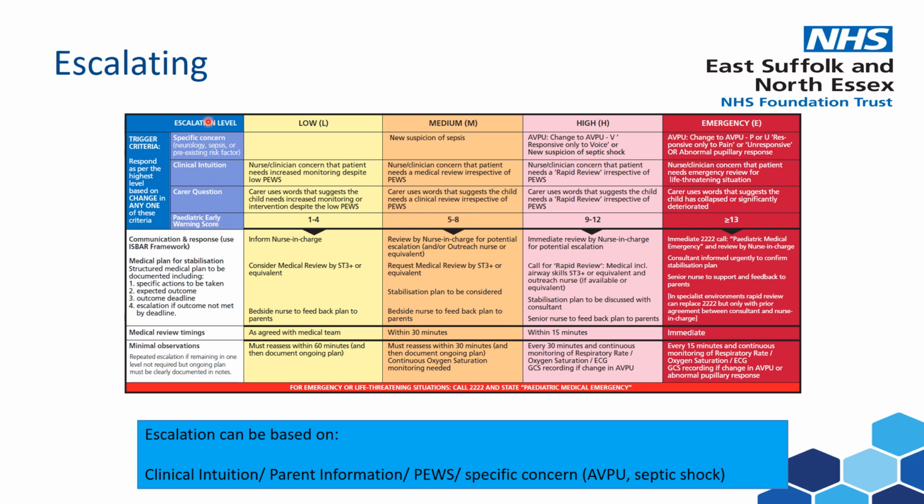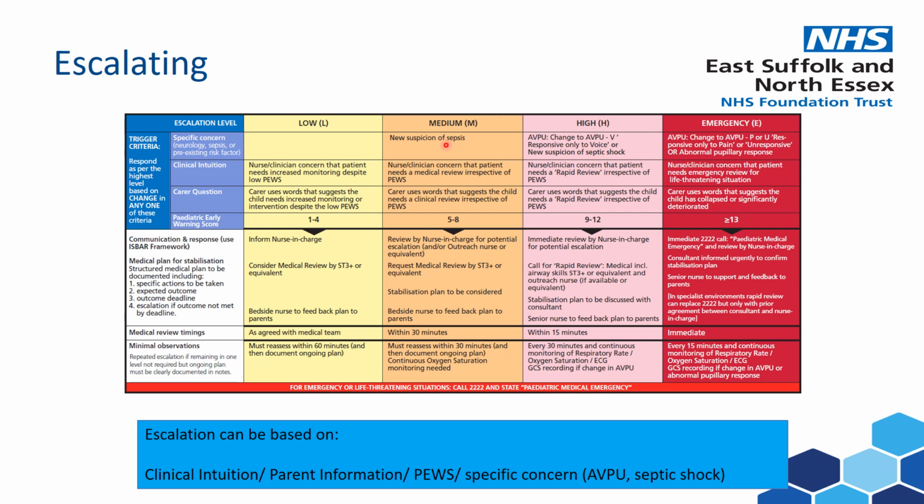It will also be good at reminding you about the levels of escalation. So the levels of escalation are low, medium, high, and emergency, and what contributes to each of those. So for example, a child that has a PEWS score of between 5 to 8 sits in the medium level of escalation. A child that has a PEWS score of more than 13 sits in the emergency. But when we think about the specific concerns, so this means the AVPU or the sepsis, then they have put these into categories.